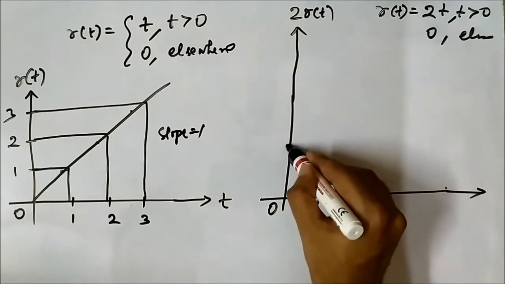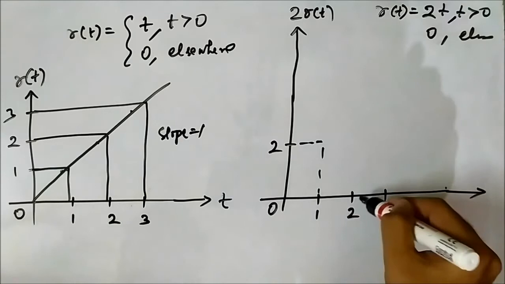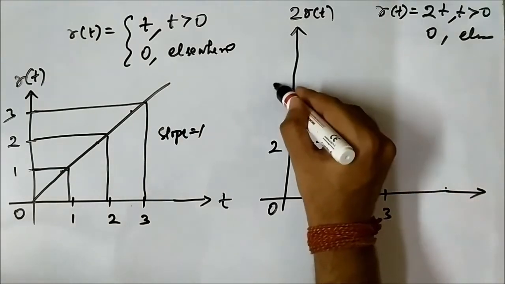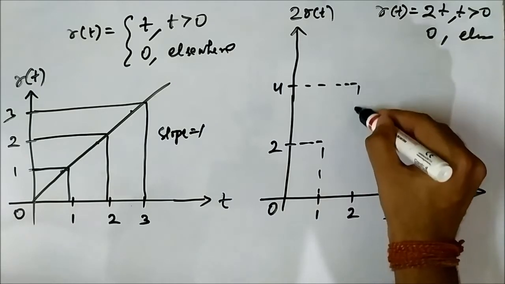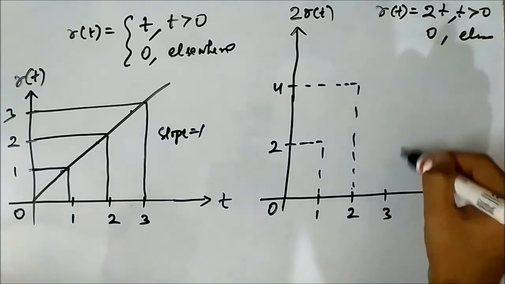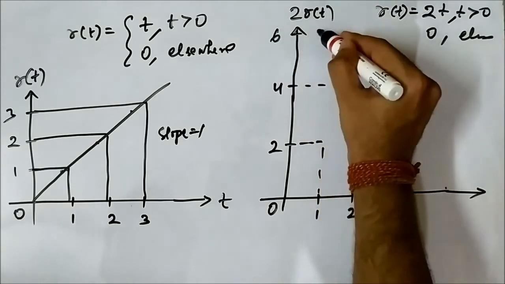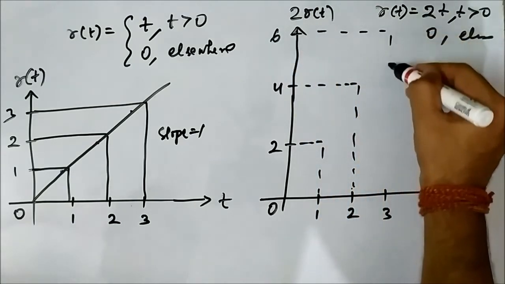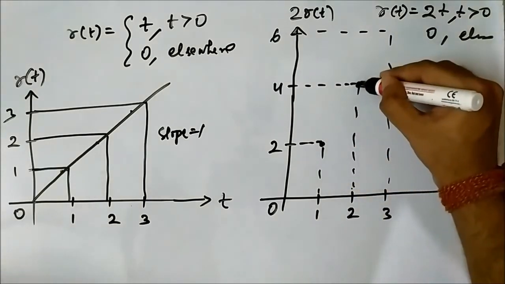So at 1 the amplitude will be 2. At 2 the amplitude will be 4. At 3 the amplitude will be 6. These are the points.